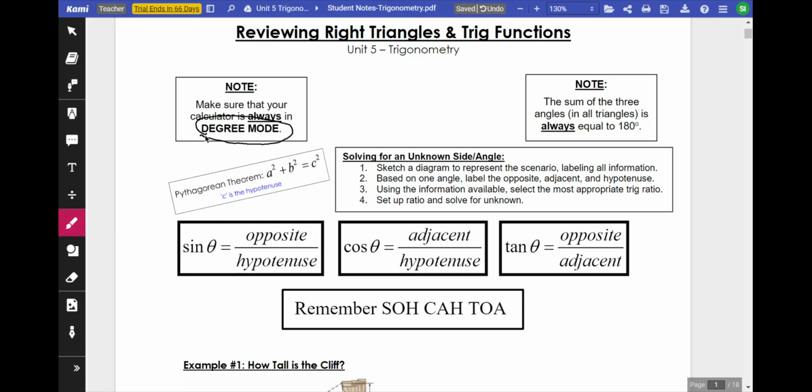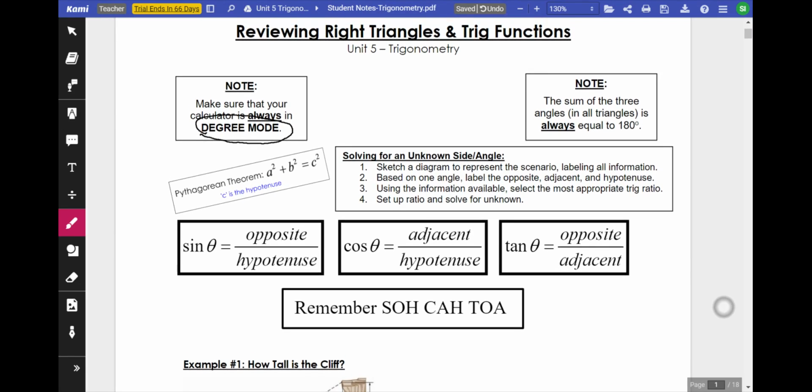The other thing to remember about triangles is that all three angles in a triangle always equal 180 degrees.